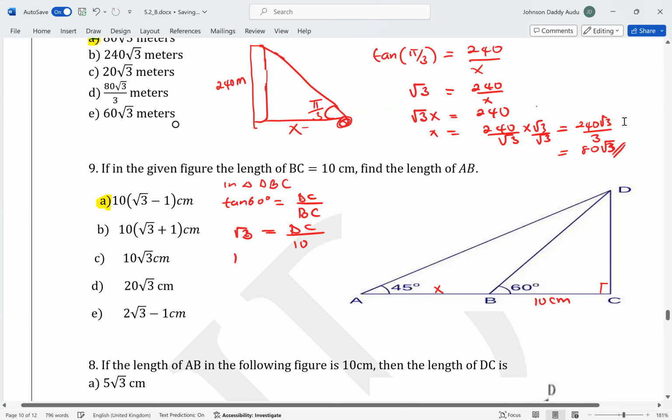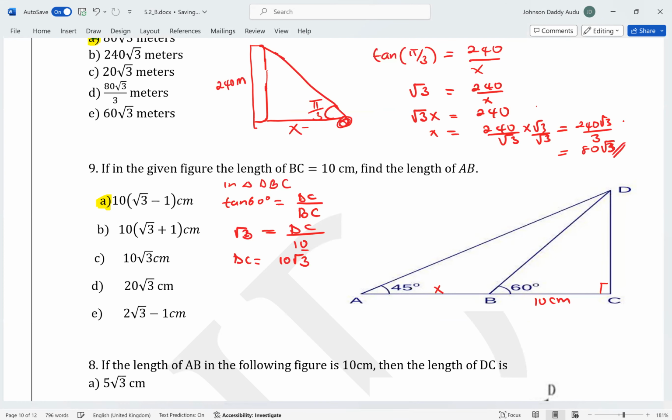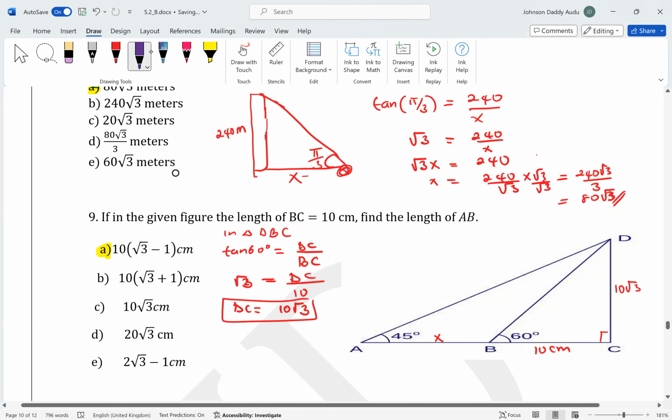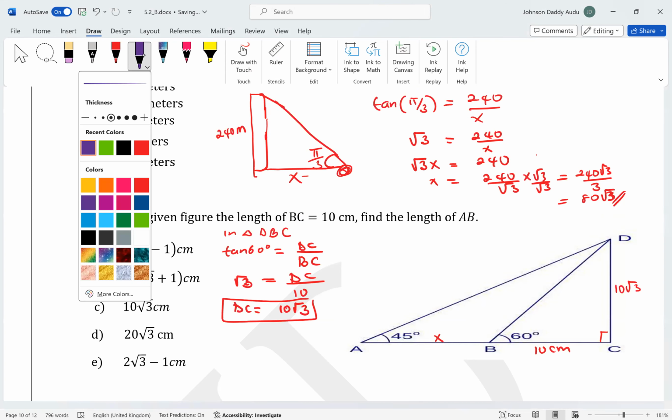So it means that DC is just 10 root 3. In other words, this is 10 root 3. But what is our interest? Our interest is not DC, but AB. So how can we find AB?